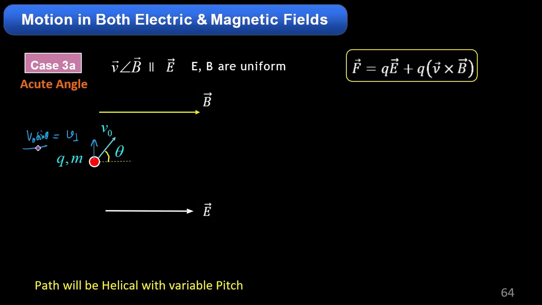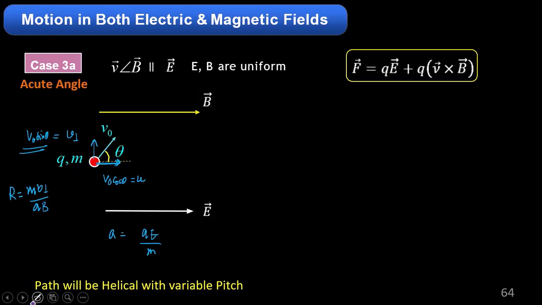The radius of the helical circle should be equal to m V perpendicular by qB. And there is one component of velocity along the forward direction, V naught cos theta, which is the initial speed. And the acceleration is again qE by m.